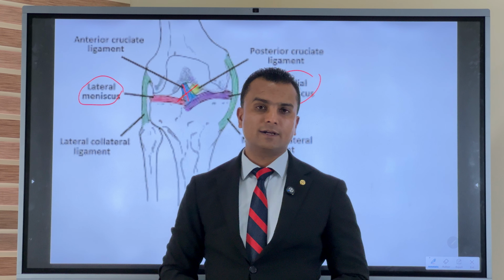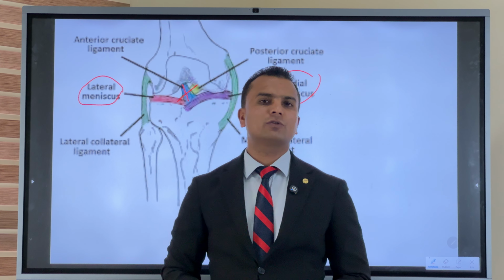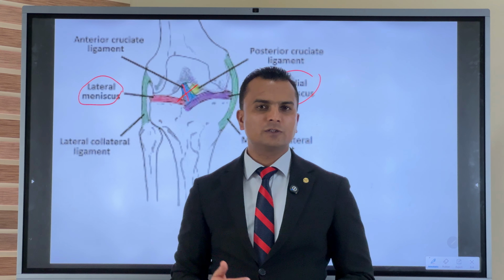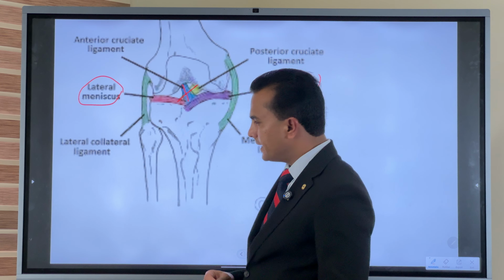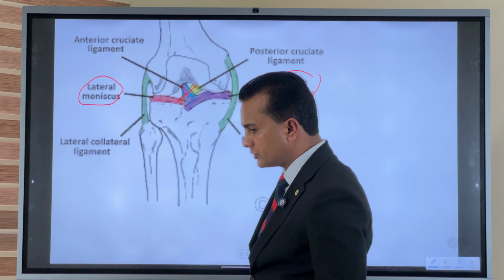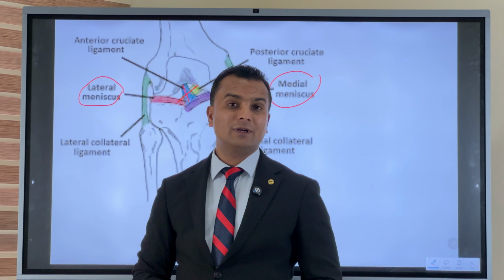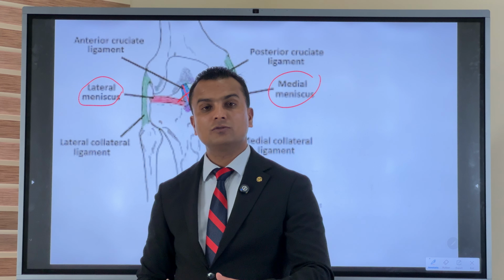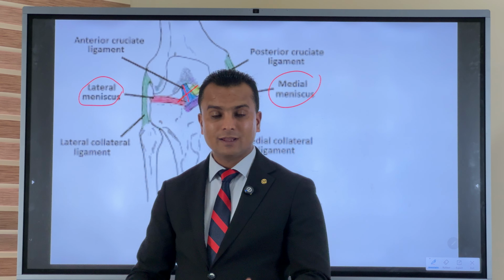These are important ligaments because the anterior cruciate ligament prevents anterior dislocation of the tibia, and the posterior cruciate ligament prevents posterior dislocation of the tibia. Any injury to the anterior cruciate ligament, which is one of the most commonly ruptured ligaments at the knee joint, means that if you push the tibia anteriorly, there will be dislocation of the tibia on the anterior side.